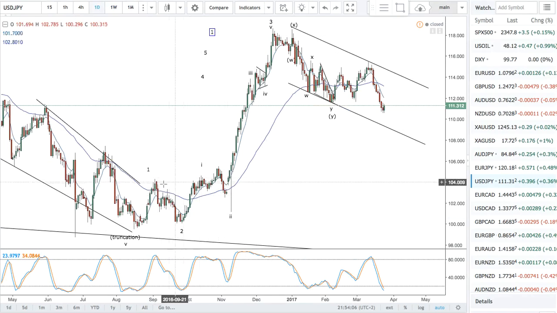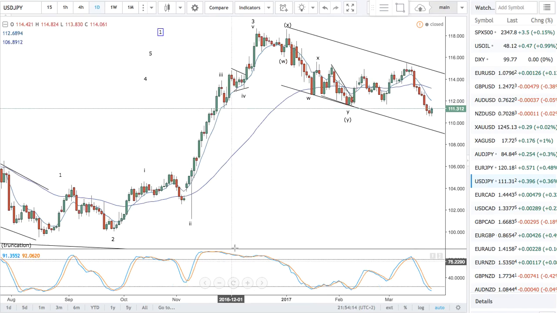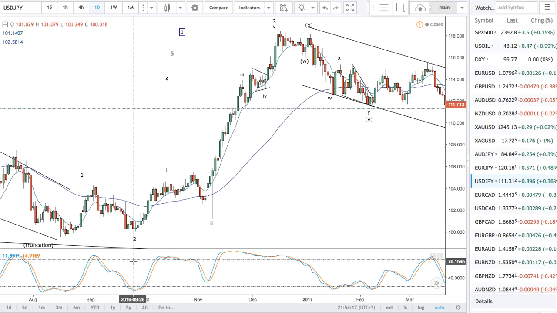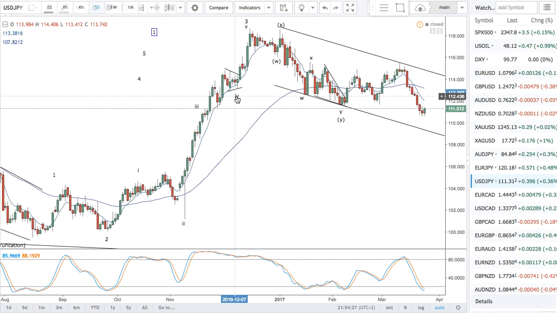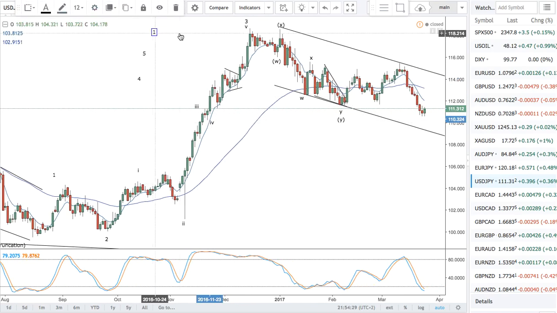I have to say it is best to look at this as 1, 2, 1, 2, 3, 4, 5, because if I alter this and I take it as 1, 2, 1, 2, and then I count from here, which I've done on a lower time frame, 1, 2, 3, 4, 5, triangle for 4, 5, that's 5 waves there.